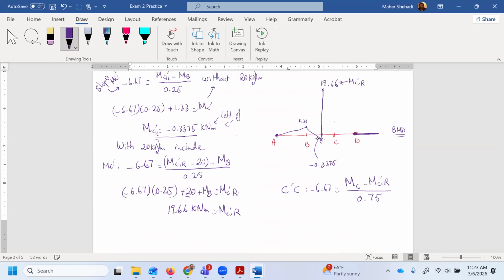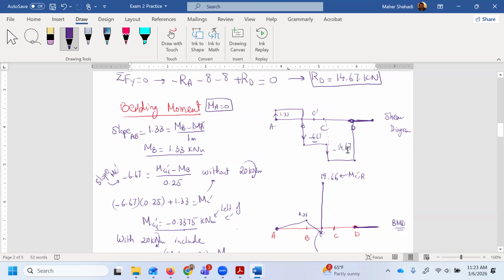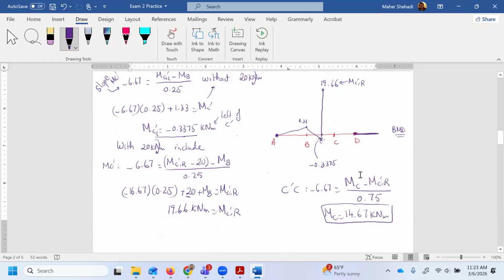That's the distance, or x2 minus x1. We got this 19.66. Multiply that, calculate for MC. I would get MC equal to 14.67. Yes, this is exactly as the shear value because the distance is 1. So when we take the slope, it should be that value.